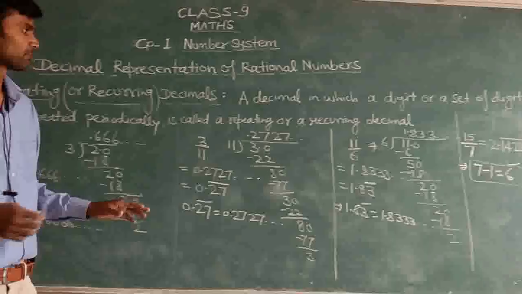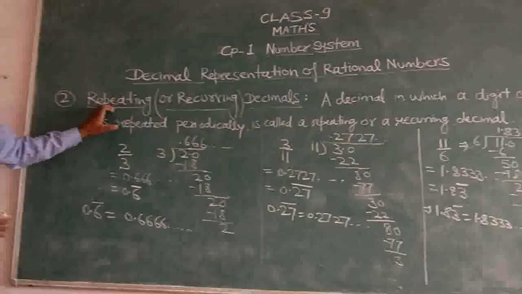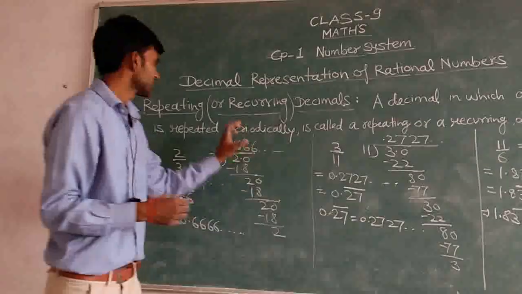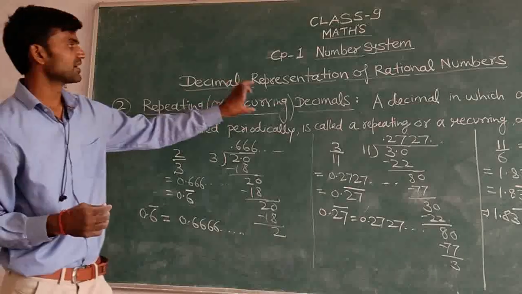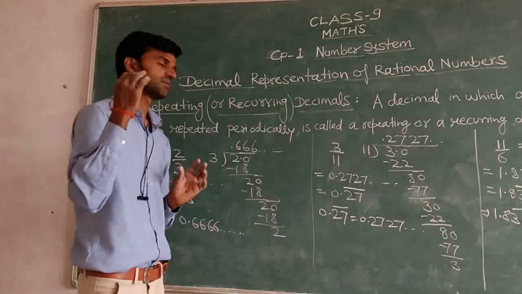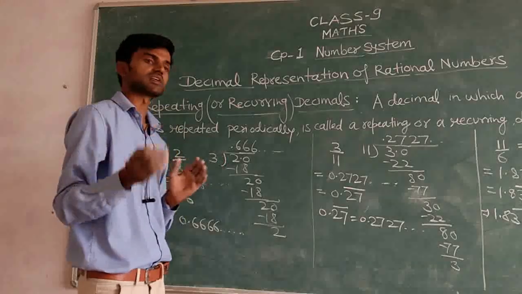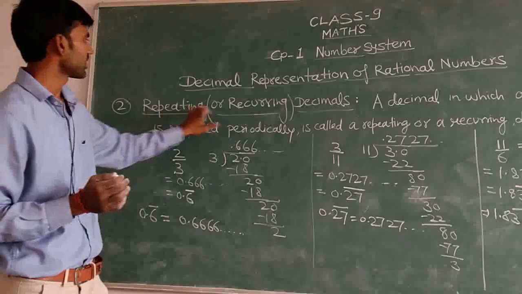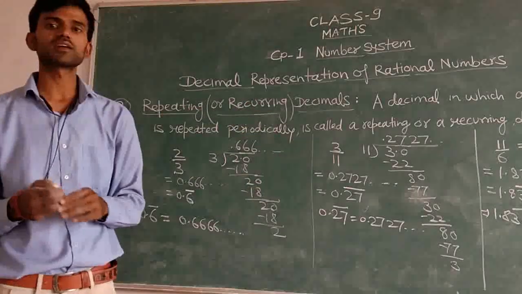Okay. Now this is the repeating or recurring decimal, where a rational number never terminates, but a set of repeating digits occurs. These decimals are called repeating or recurring decimals.